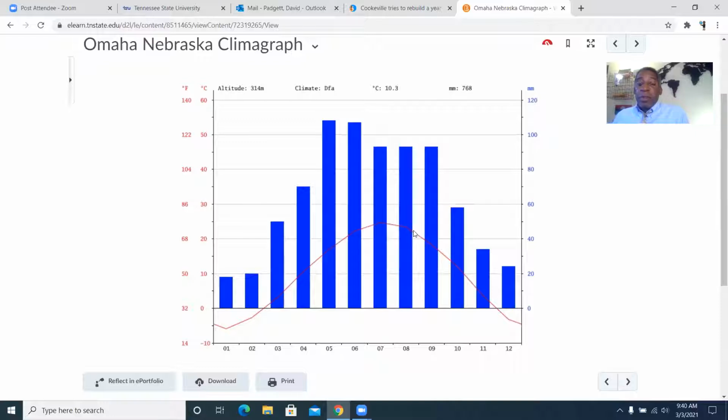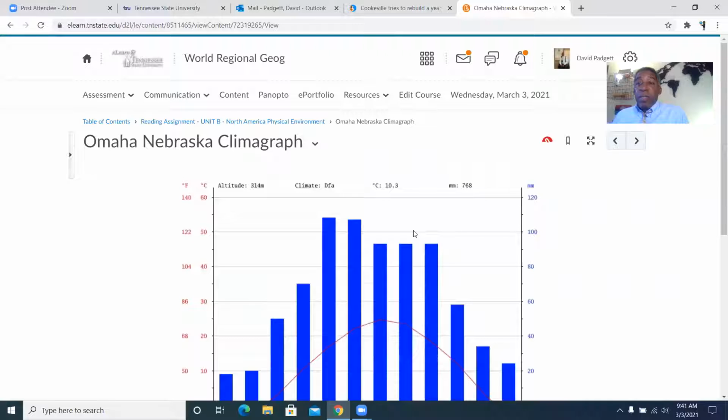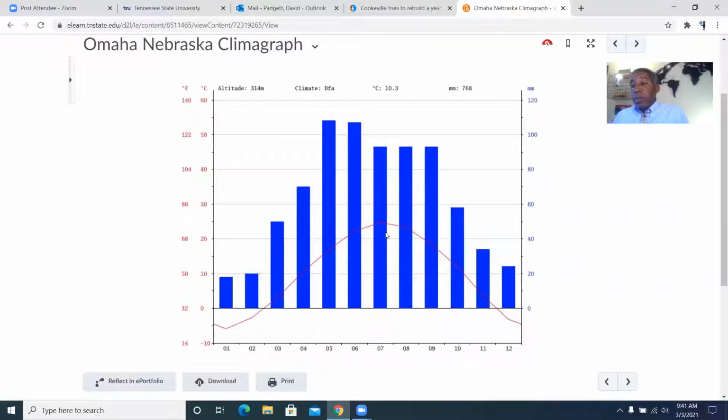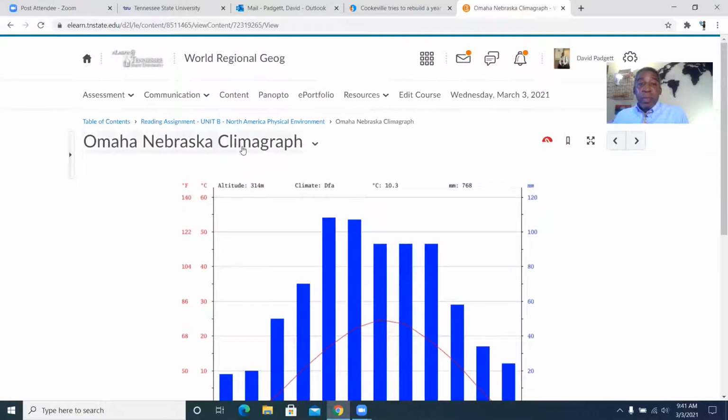Interpreting graphs is a very important skill in geography, as well as interpreting maps. A lot of earth science related data is recorded and displayed in graphical format, so you should get used to doing this, regardless of whether it's social science, physical science, or any of the sciences. Graph interpretation and reading is a very important skill.